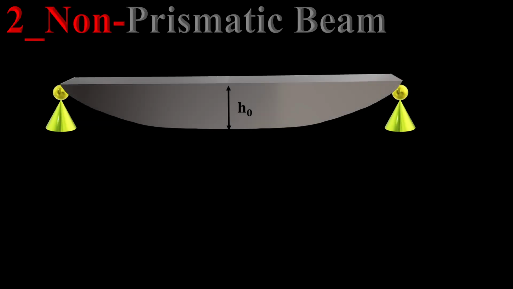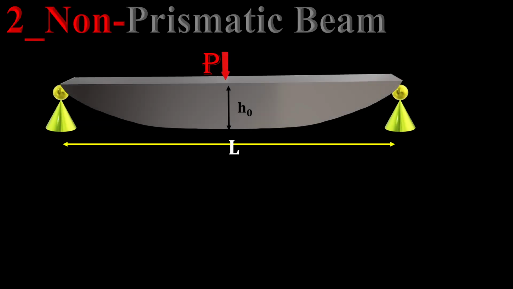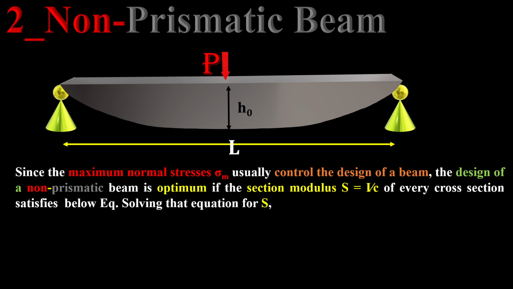In a non-prismatic beam with a variable cross-section, as you can see here, the controlling design of a beam is the maximum normal stress sigma sub m, and a non-prismatic beam is designed in an optimum way when the section modulus S, which is I over C, moment of inertia over the distance to the centroid of every cross section, satisfies the equation below.